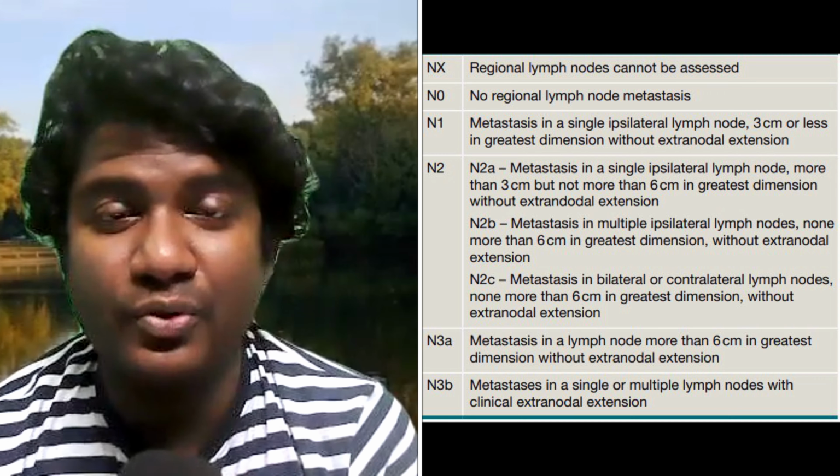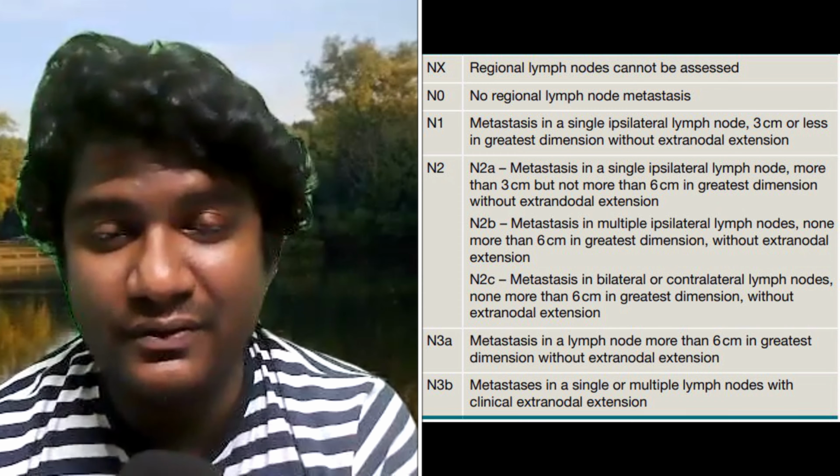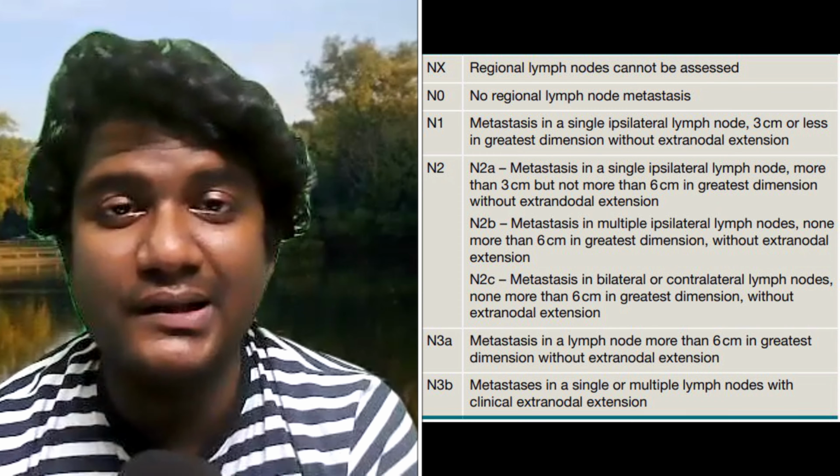So a single ipsilateral lymph node is N1, but size is also there. What is the size? It has to be up to 3 centimeters in greatest dimension. So N1 is single ipsilateral lymph node up to 3 centimeter in greatest dimension.